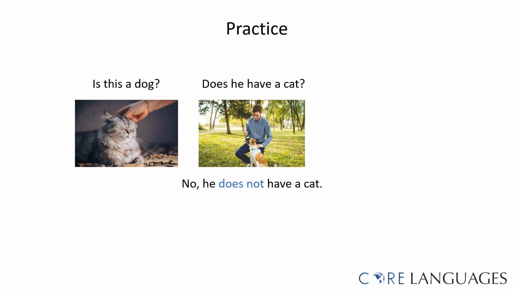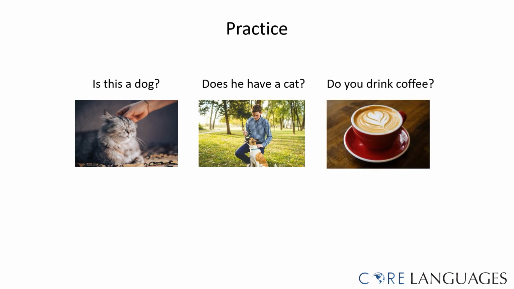No, he does not have a cat. Or, no, he doesn't have a cat. Do you drink coffee? No, I do not drink coffee. Or, no, I don't drink coffee.